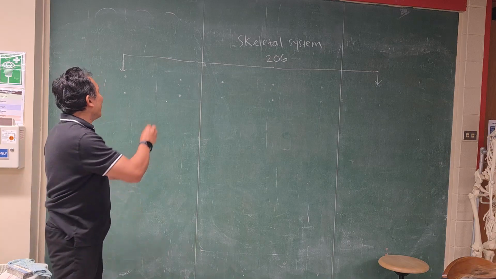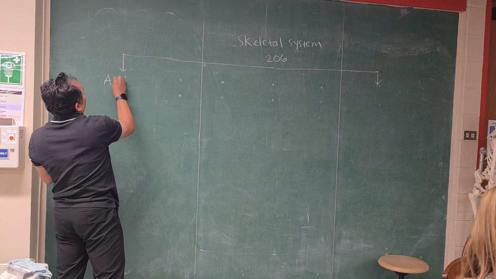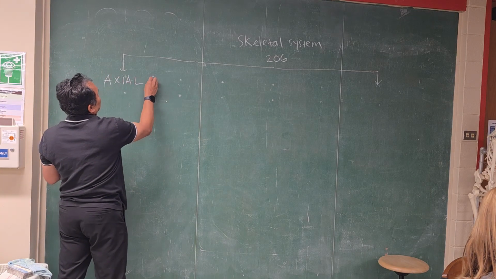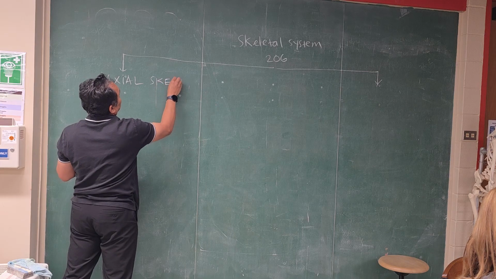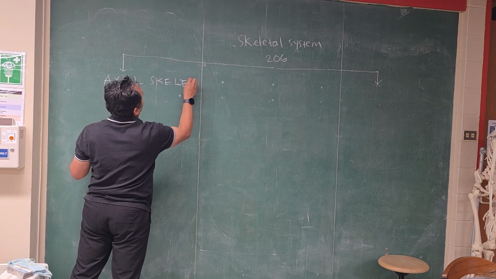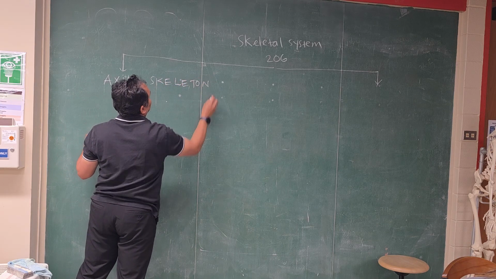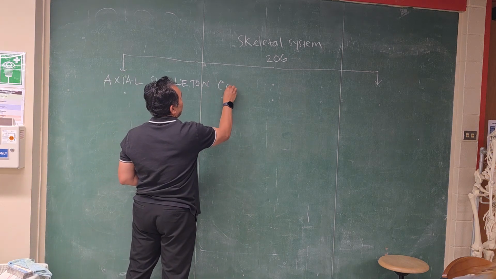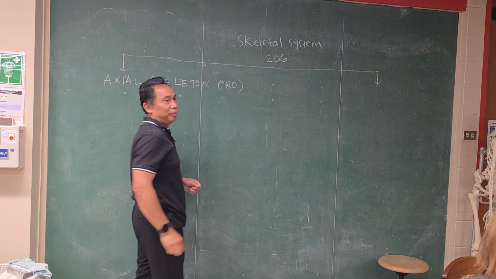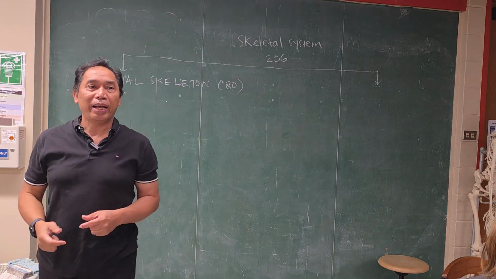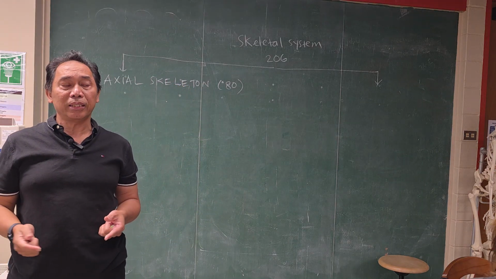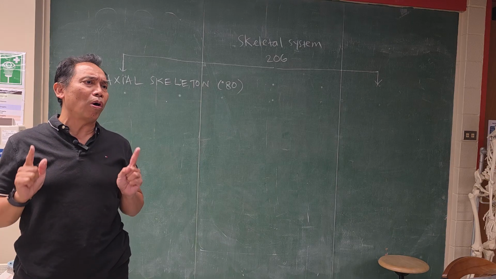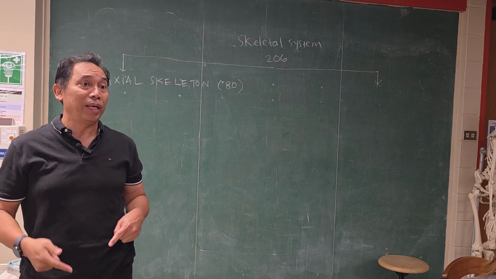The first one is called the axial skeleton. Okay? And this axial skeleton consists of 80 bones. Okay, there are 80 bones in the axial skeleton. This is the one we're going to learn today. You have to know all the 80 bones today.